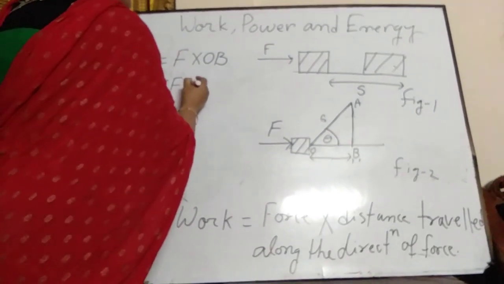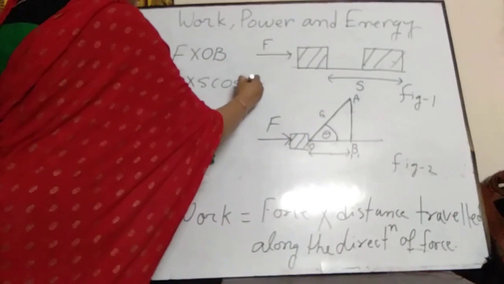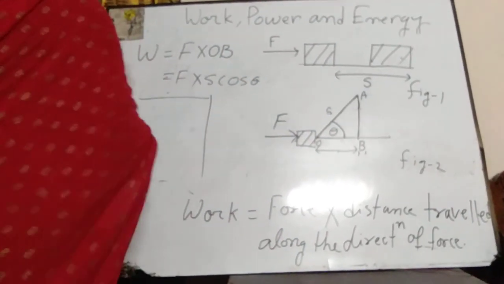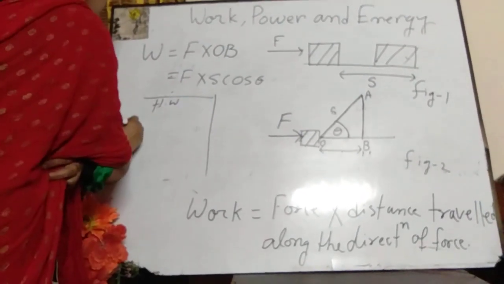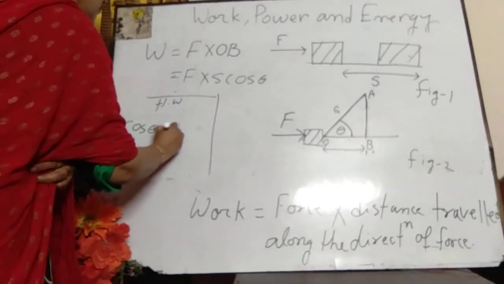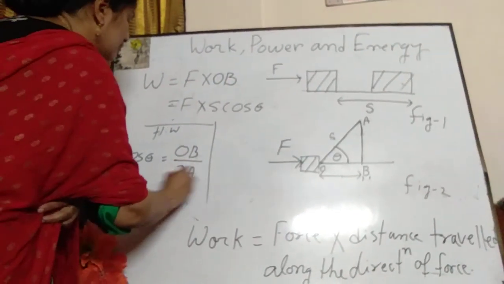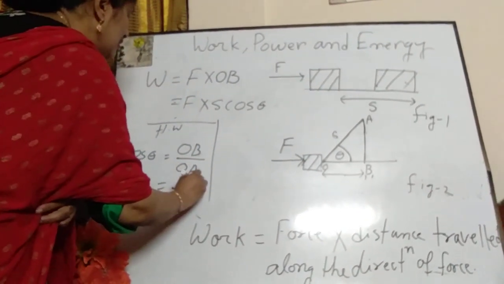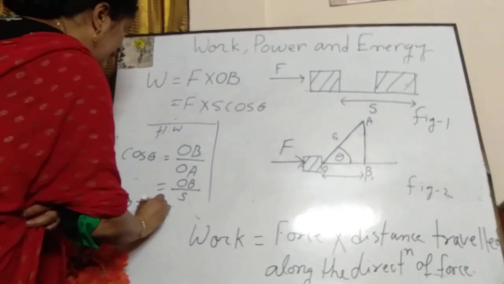F into S cos theta. How does this come? In the rough work I have shown you, cos theta equals OB by OA equals OB by S. So OB equals what? S cos theta.